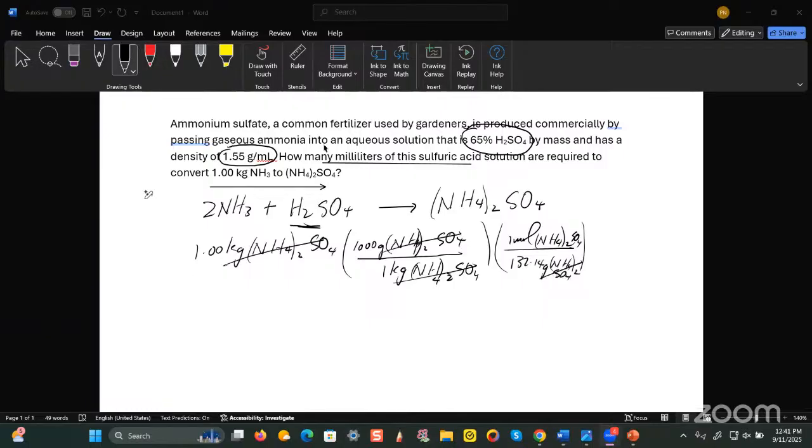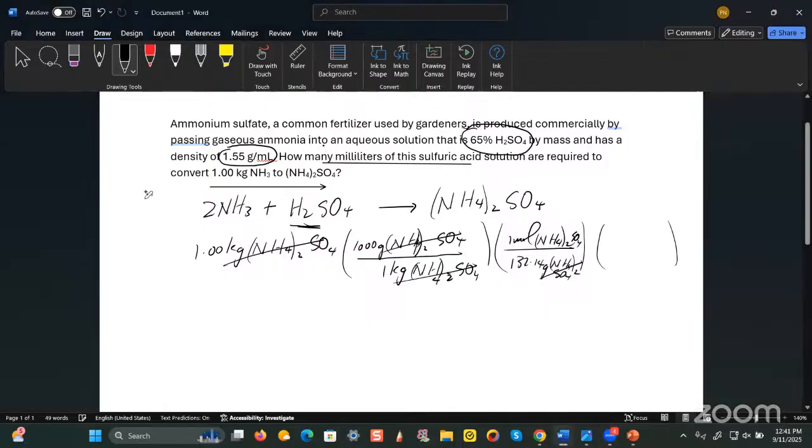So basically the next conversion factor is going to be 1 mole of NH4 2SO4 below and above will be 1 mole of, I'm sorry, not ammonia, sulfuric acid. My bad. So sulfuric acid, H2SO4. All right. So far we have the moles of sulfuric acid when this cancels out with that.